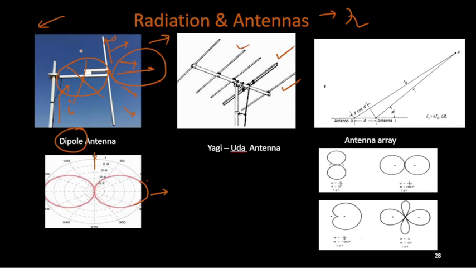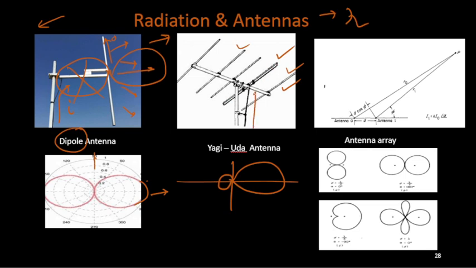So we want to minimize this kind of back lobe radiation, and that could be done in a Yagi-Uda antenna. In a Yagi-Uda antenna, we can have the radiation pattern on this side, and this side very small. We can reduce it because of these reflectors and directors along with the main radiator.